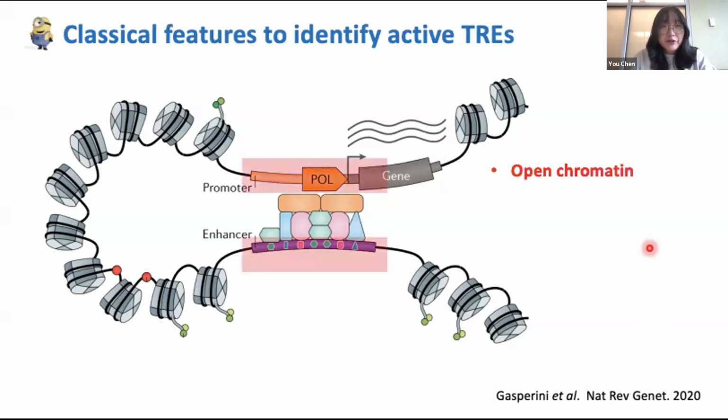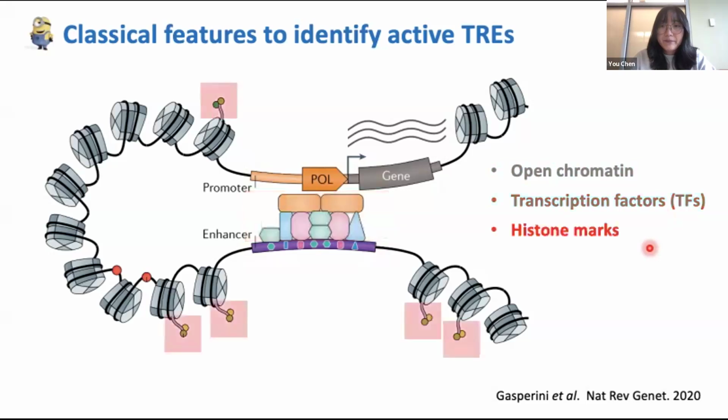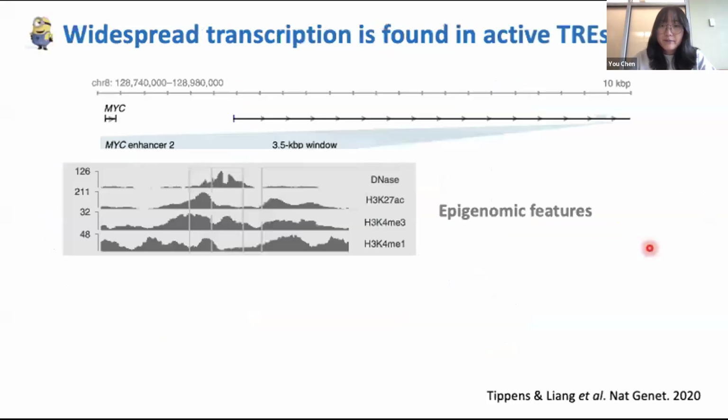Here are some classical features people use to identify active TREs. Both promoters and enhancers are located in open chromatin regions, which contain multiple binding sites for transcription factors. And they are marked by histone modifications, such as H3K4 monomethylation and H3K27 acetylation.